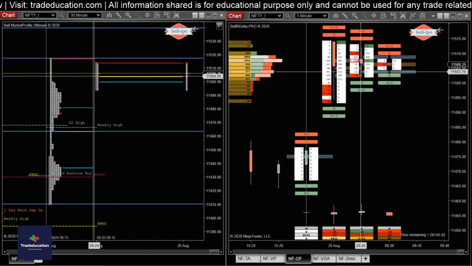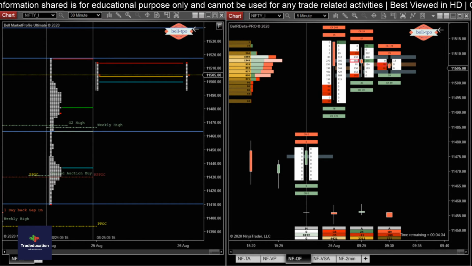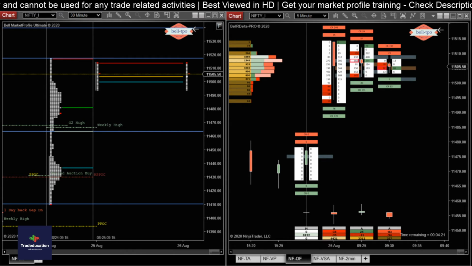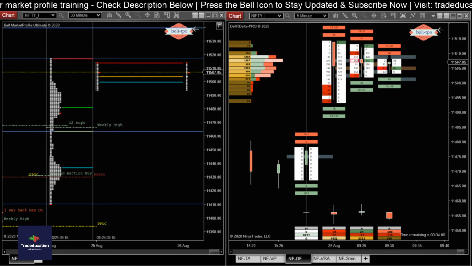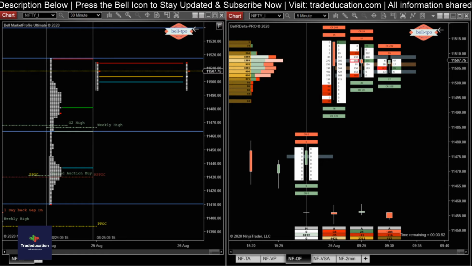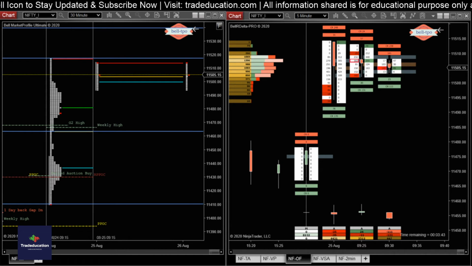Okay, so doji candle, indecisive candle. Now it's just trading around the VWAP. So no trade location yet.